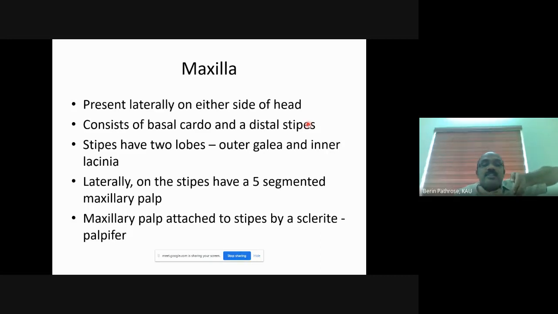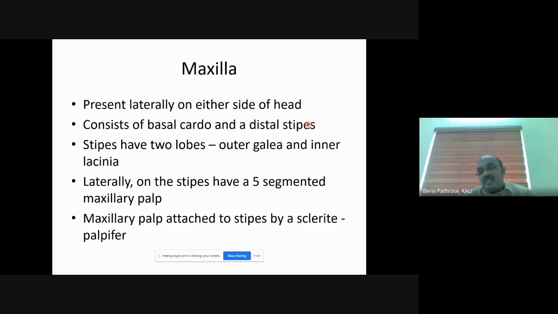At the tip of the stipes, we have two lobes, outer Galea and inner Lacina, and on the lateral side, the 5-segmented maxillary palpi attached via the palpifer.